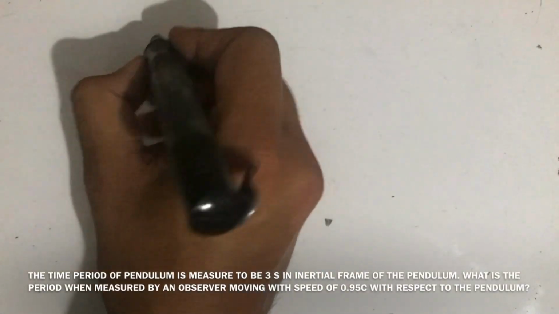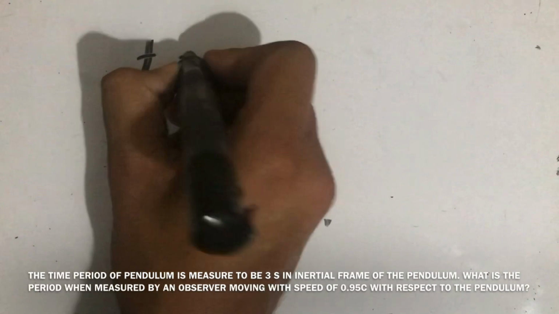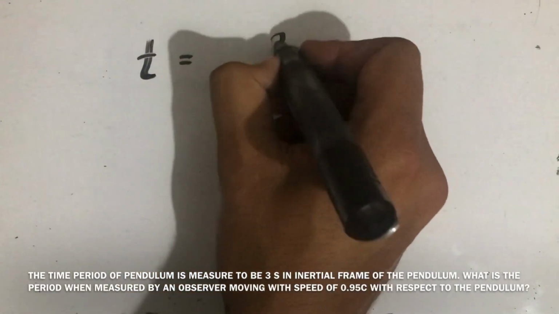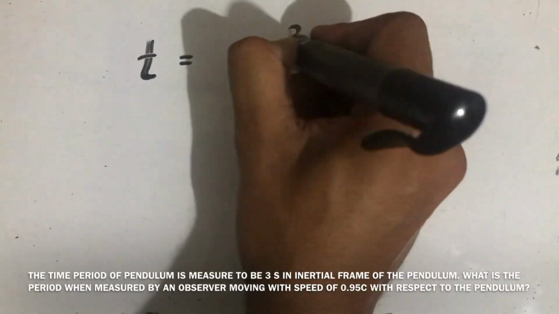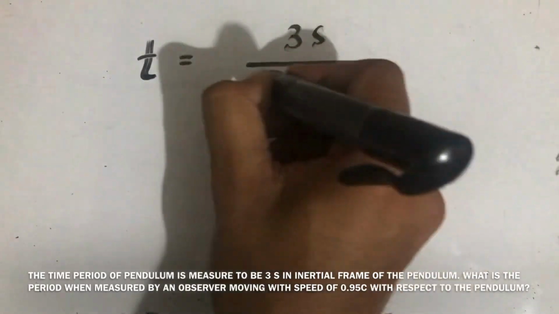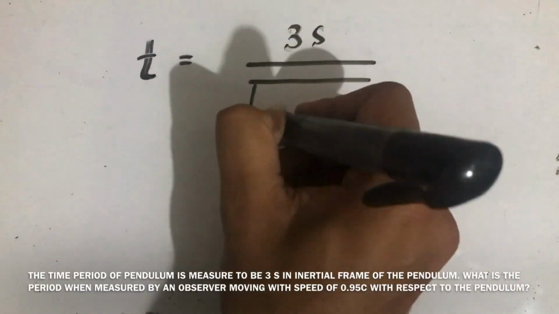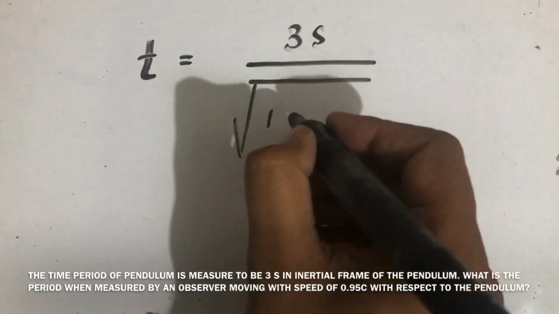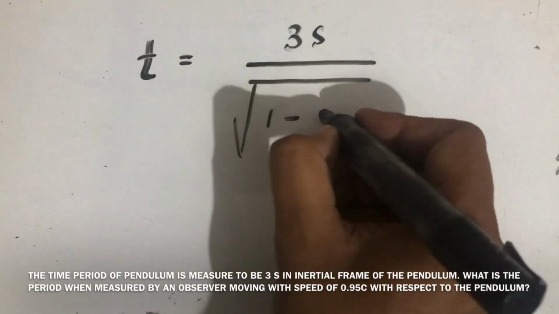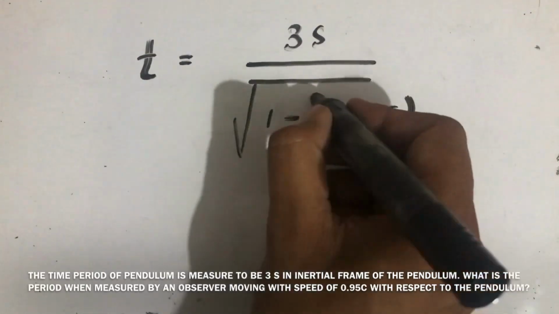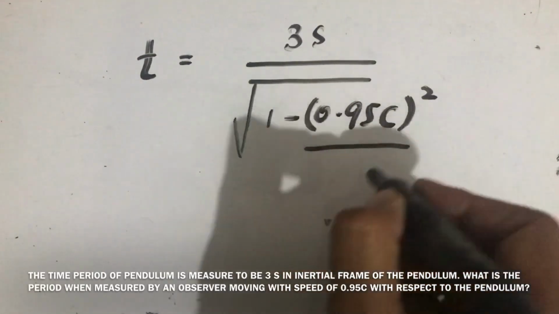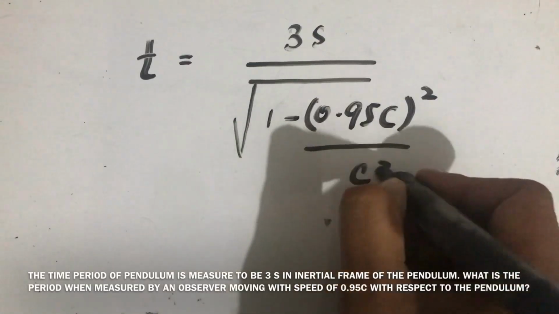T is equal to the proper time, 3 seconds, divided by the square root of 1 minus, now the velocity is 0.95 c, squared, and divided by c square.